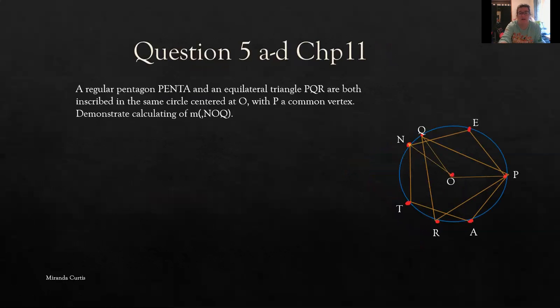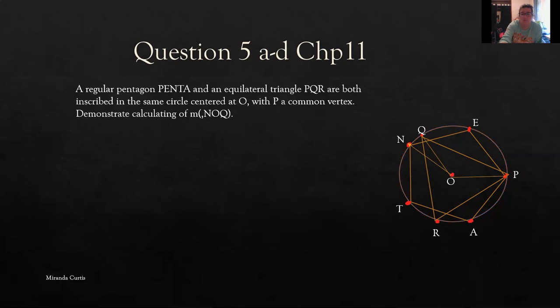Okay, question 5A through D. A regular pentagon, PENTA, and an equilateral triangle, P, Q, and R, so this is a triangle, are both inscribed inside the same circle with center O, with P, right there, a common vertex. Demonstrate and calculate the measure of angle NOQ.